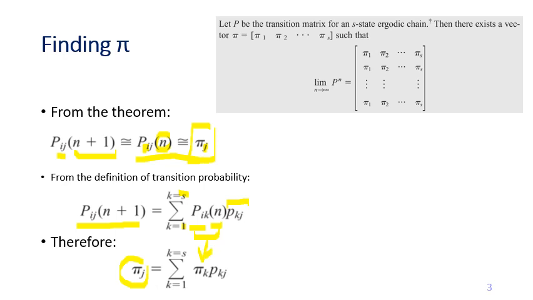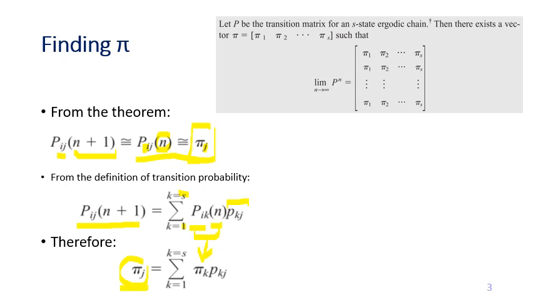And then the last part is still p_kj. So now you have an equation saying that pi_j equals the sum of pi_k for all possible k times the probability of transitioning from k to j in one step. So that's for just one state j.